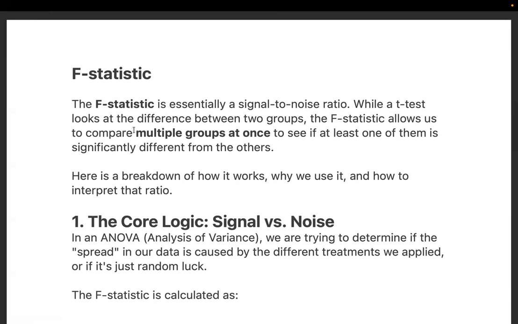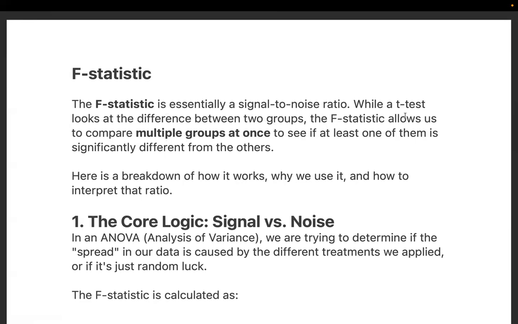While a t-test looks at the difference between two groups, the F-statistic allows us to compare multiple groups at once. Here's the idea: a t-test is only for two groups. It cannot handle more than two groups.